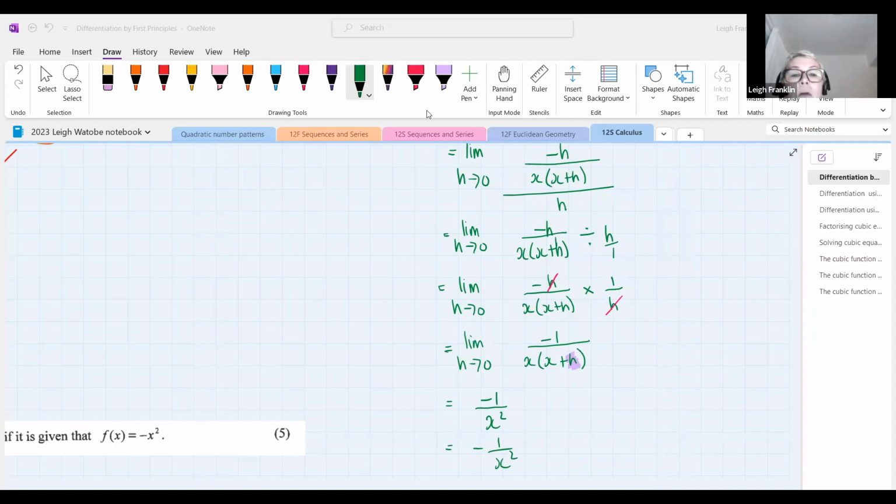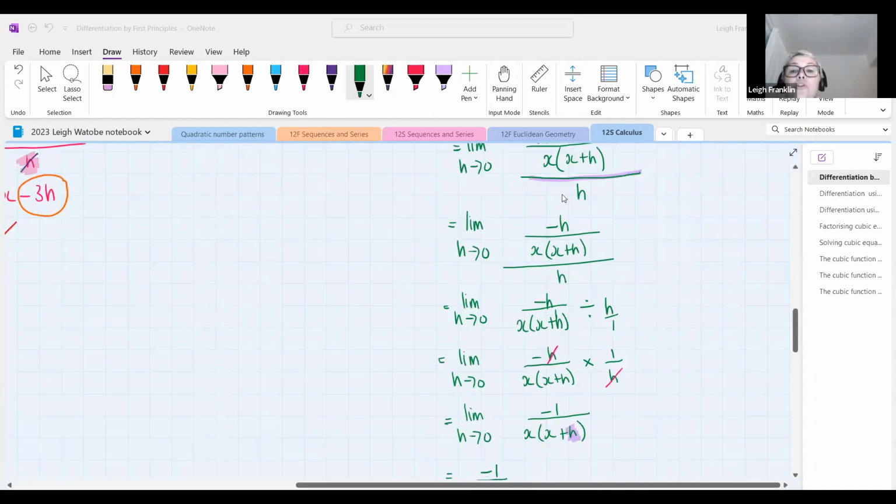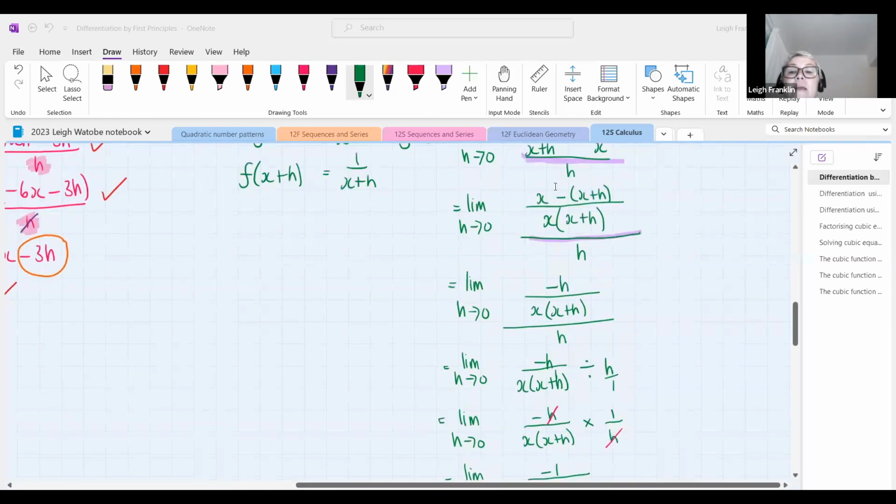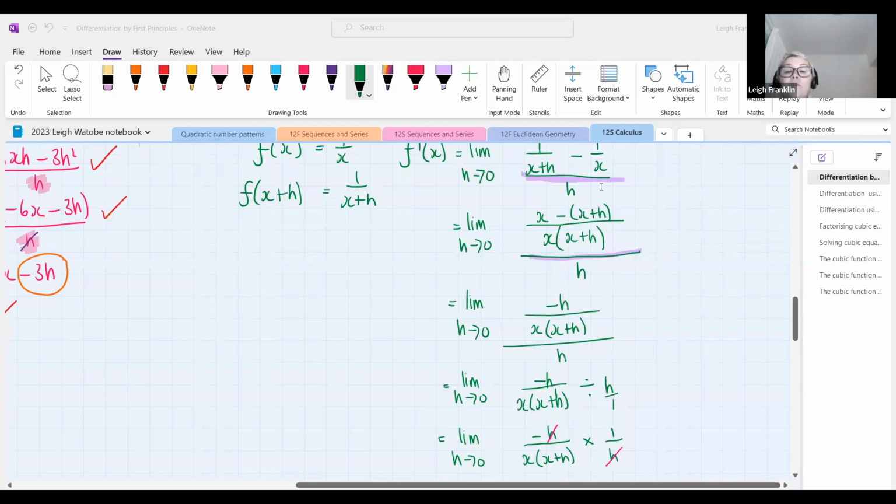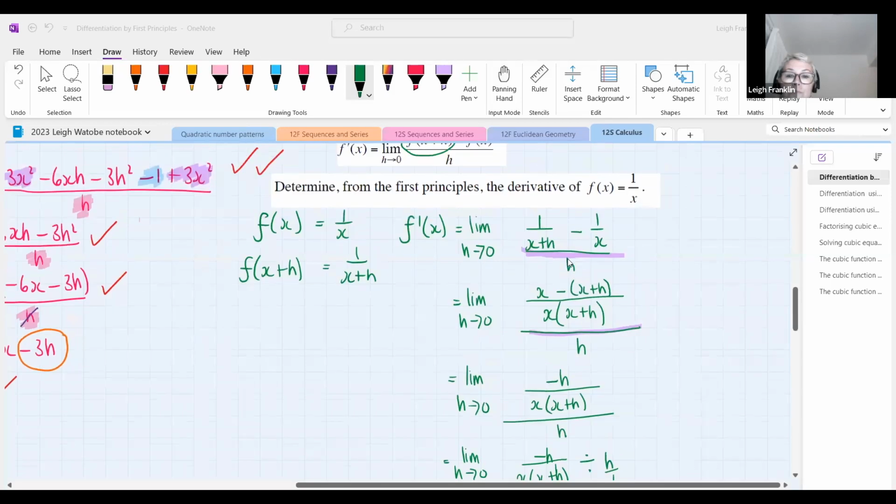Nolatundo, how did you get minus h from the second one? Sure. So it comes from making your denominator, you've got your LCD, and then what you do to the denominator, you've got to do to the numerator. In other words, I have to times this by x, so I must times this by x.